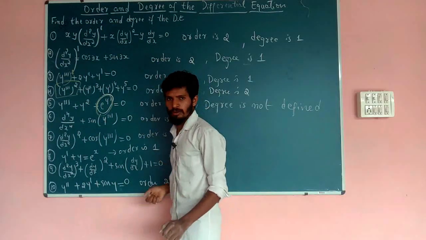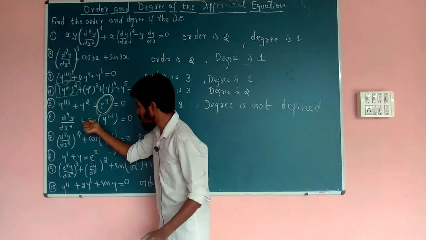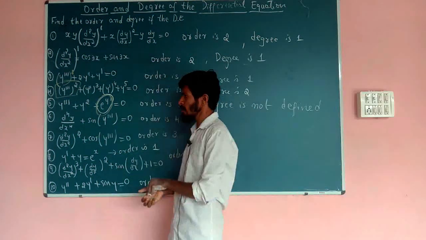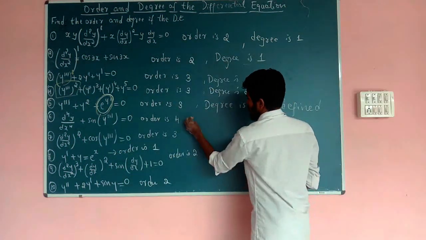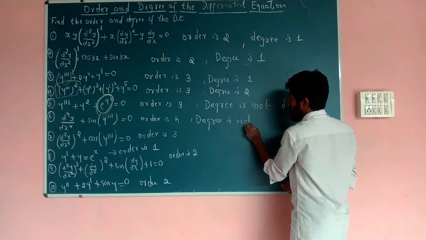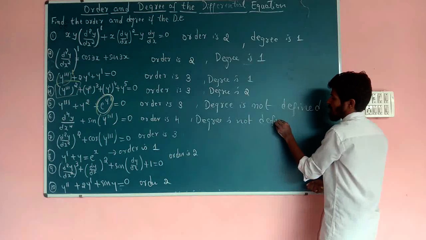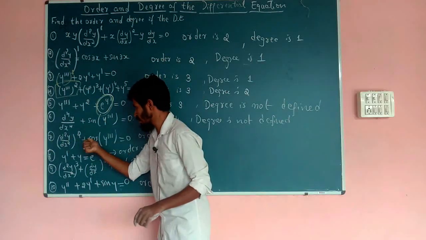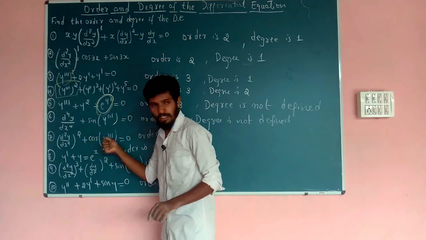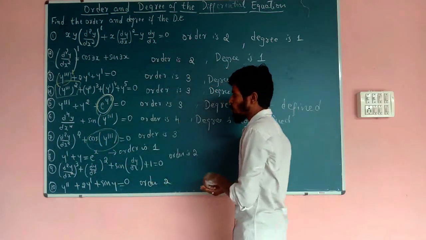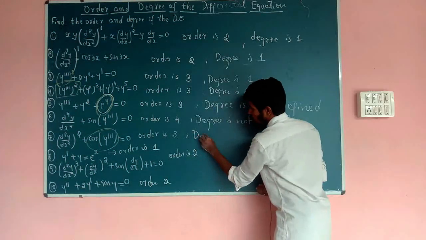See, in this problem here there is a sine term, sine of the derivative, therefore degree is not defined. Here in question number 7, there is a cos term, cos of the derivative, therefore degree is not defined.